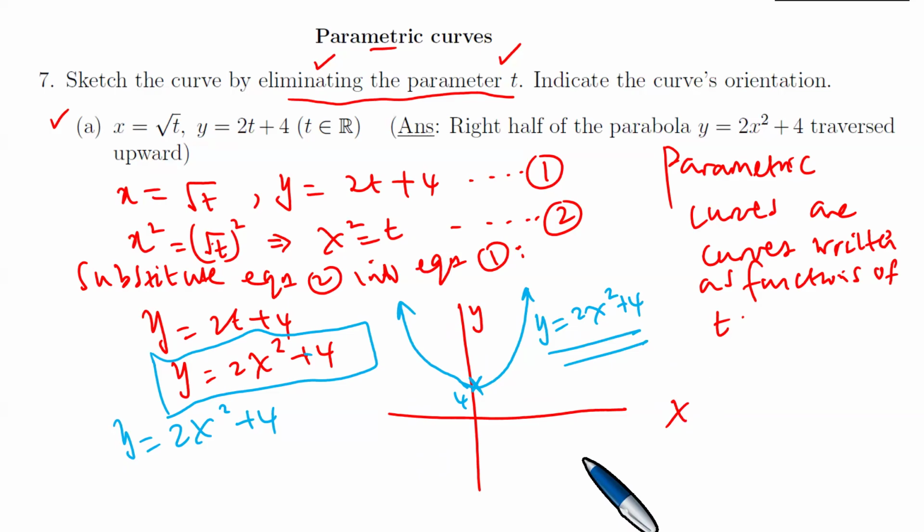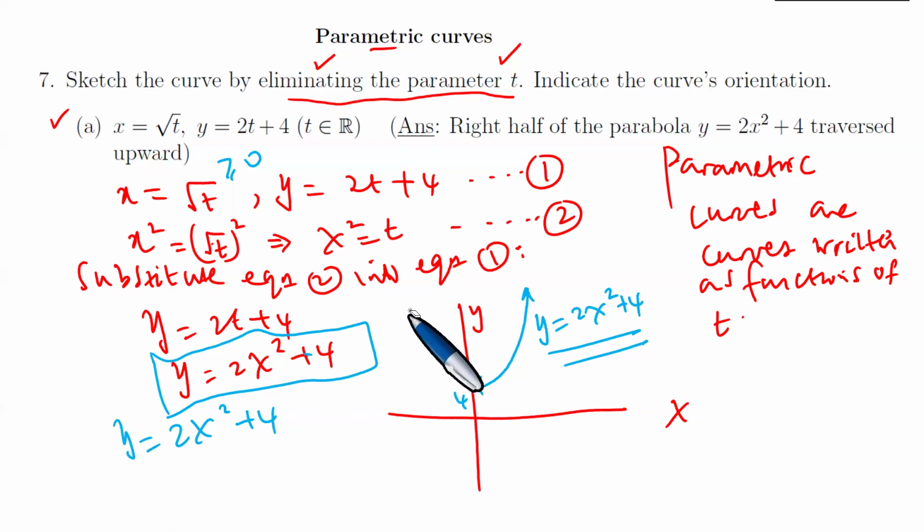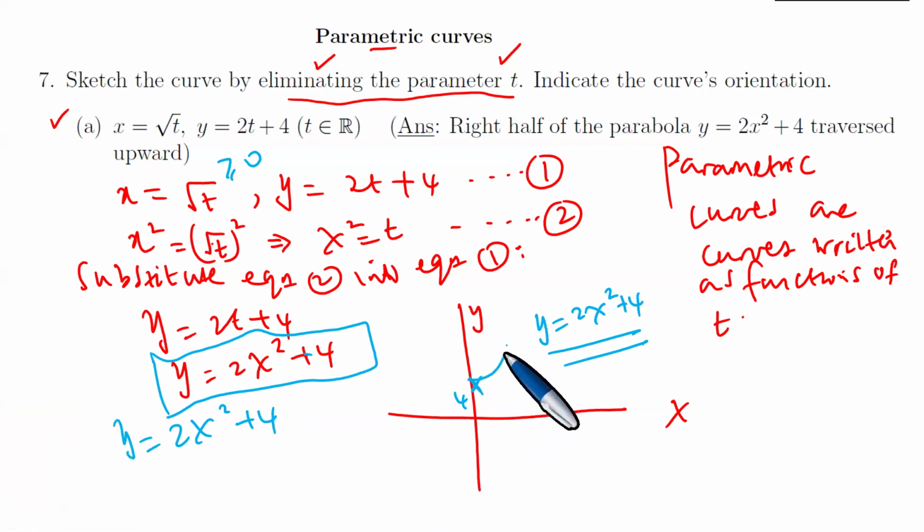But remember that x is the square root of t, so x is greater than or equal to 0. So you need to remove this part and sketch it only on the part where x is greater than or equal to 0.